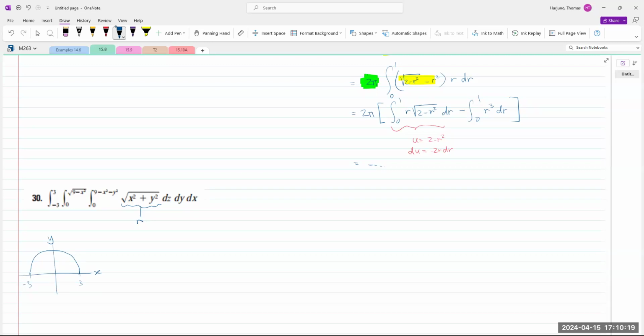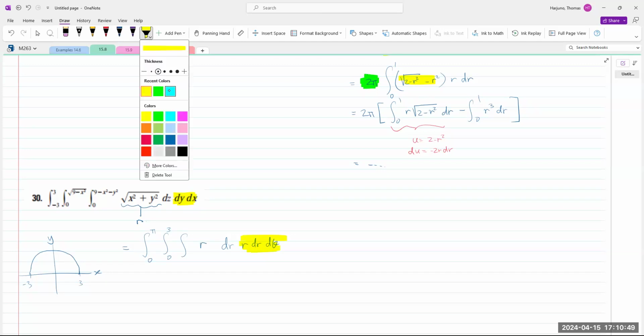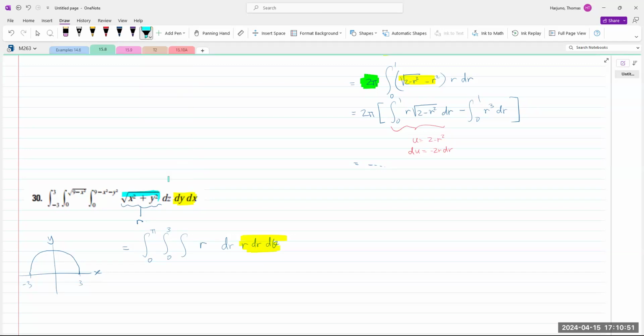So if I change that, it becomes integral from 0 to pi, integral from 0 to 3, right? dz r dr d theta. In other words, this guy becomes this. I have r here, that's from this.